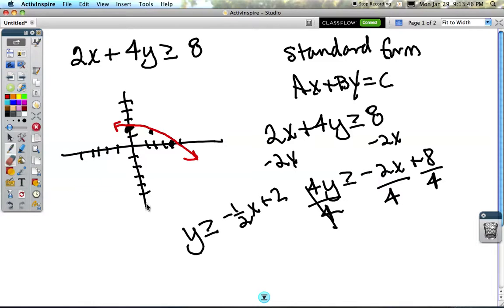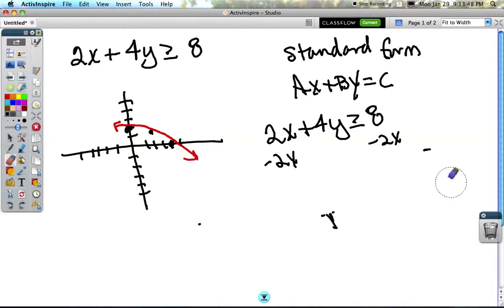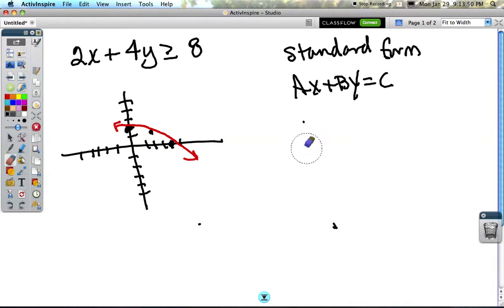Okay. Now, let's graph it using the standard form. So when you graph it in the standard form, you want to use your x and y intercepts. This is really easy. Probably much easier than solving for y. So when your x is right here, your point is on the x, what is the value for y?